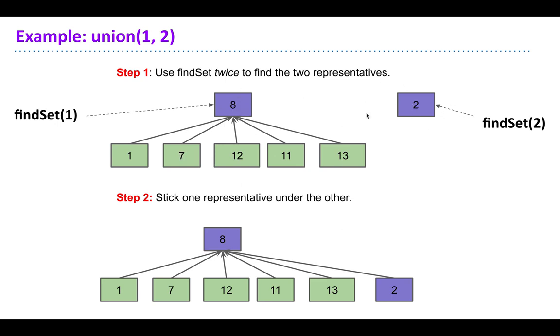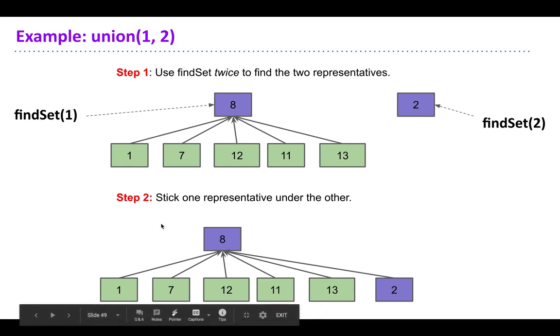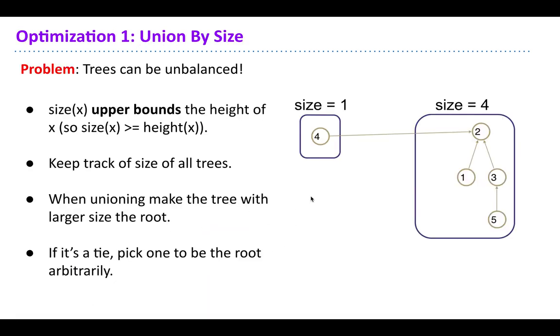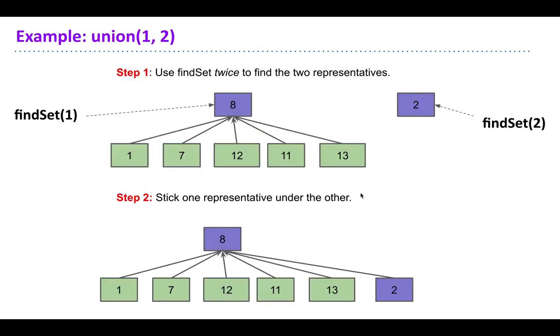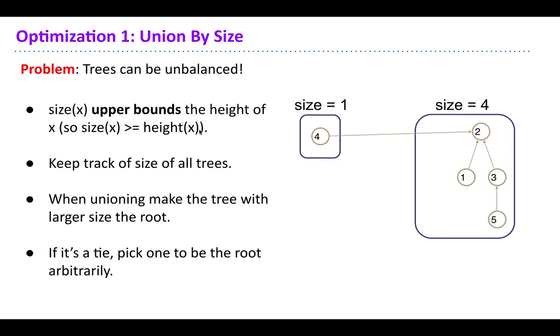But if I chose the 2 to stick to the 8, the height is just 1. So we're going to use this idea to always point the smaller set at the larger set. When I'm unioning, after I get the 2 representatives, the one with the smaller size is always going to be pointing to the representative with the larger size.